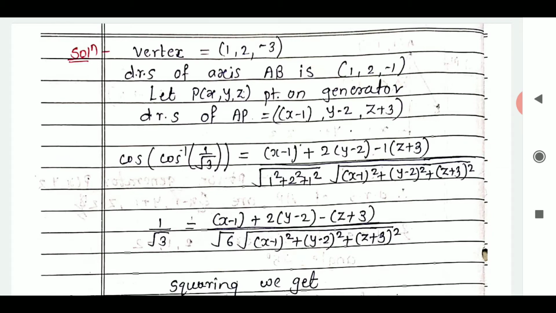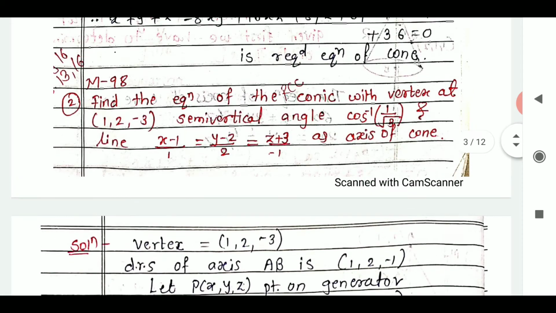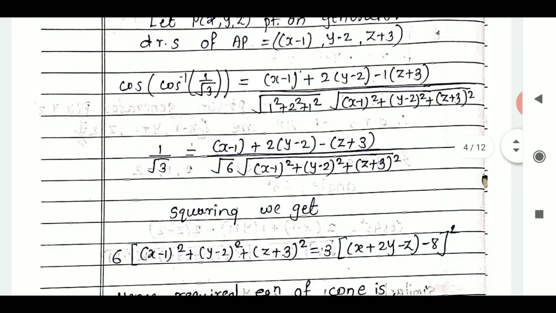For this we know the point A and the point P. By using this we get the direction ratios x minus 1, y minus 2 and z plus 3. Now in the example we are given the direction ratios of AB as 1, 2, minus 1. Now we know the direction ratios of AB and of AP, and by using these we find the equation of the right circular cone.